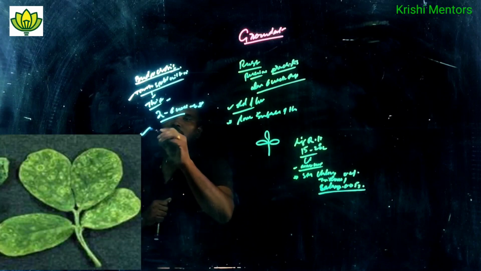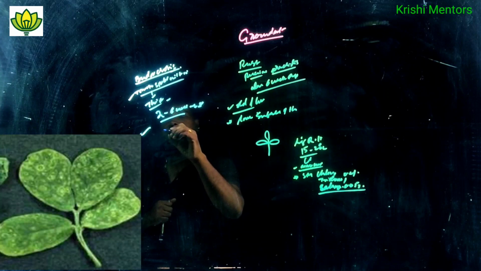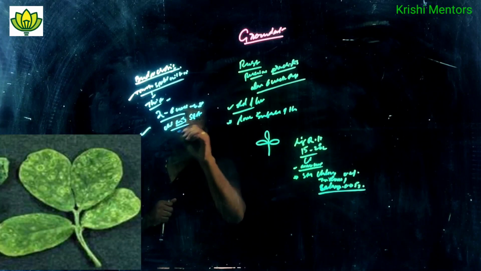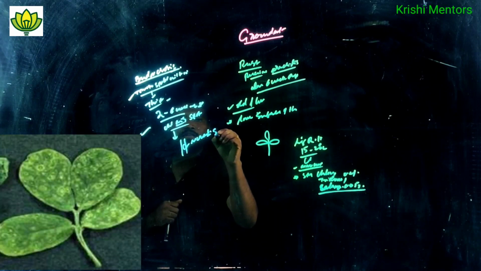So the first symptoms appear on the younger leaf as chlorotic ring spots. These ring spots appear on the stem as necrotic streaks.